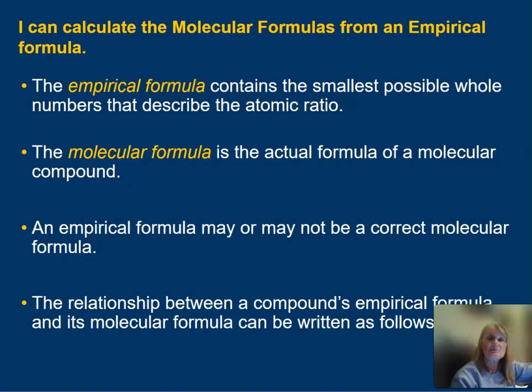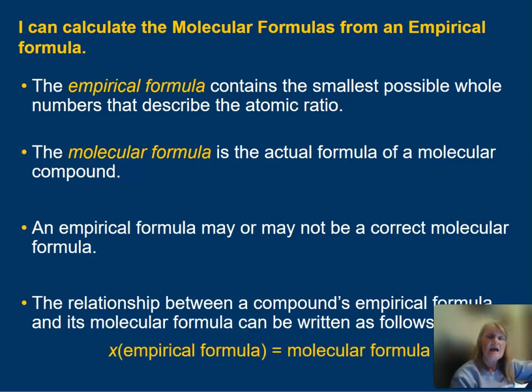The relationship between the empirical formula and the molecular formula can be written as follows: it is X times the empirical formula. What does that mean? Let me use an example. If I had the fraction 1/2 and I said, give me another fraction that is the same as 1/2, you might say 3/6.